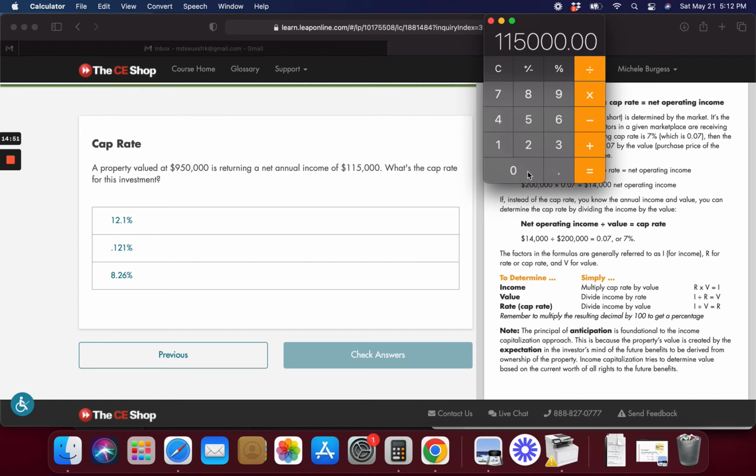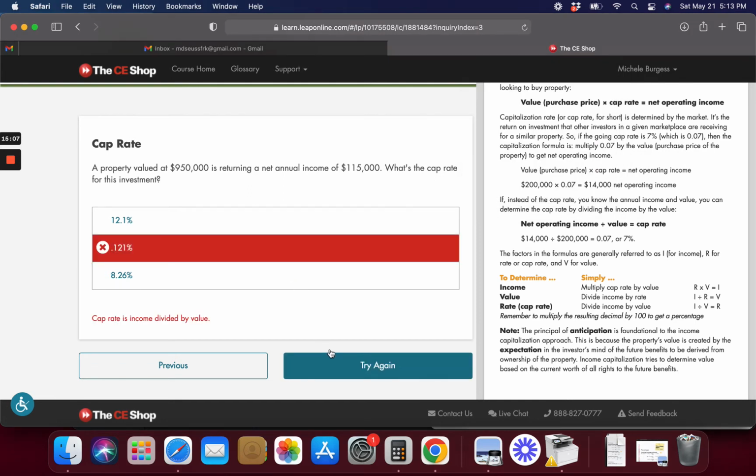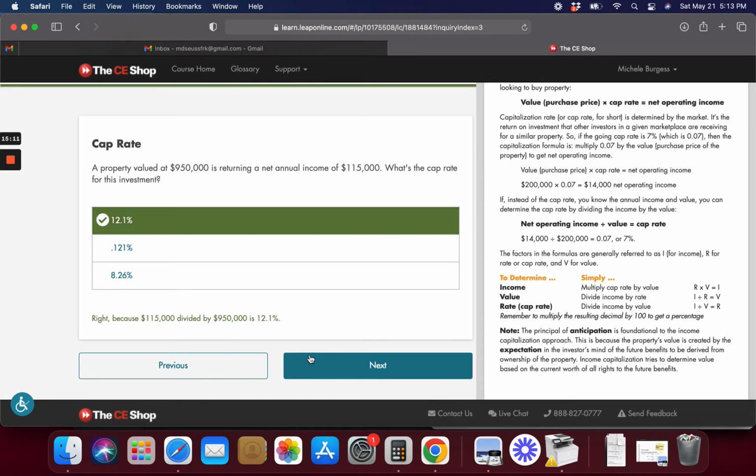I'm going to try it and see. 0.121. Okay. You have to multiply that, but I could move the decimal over.